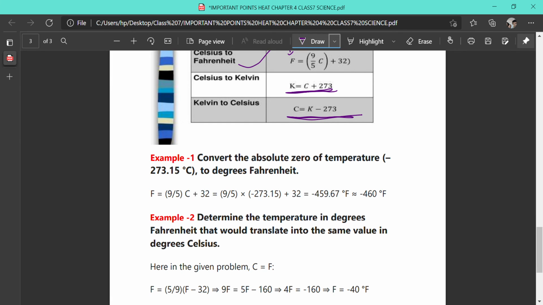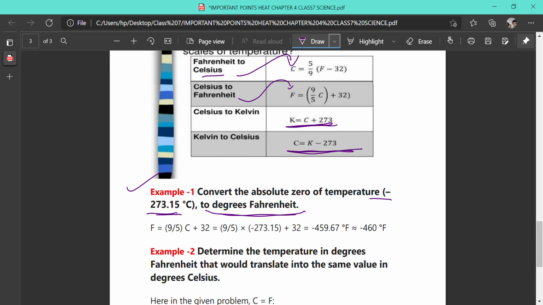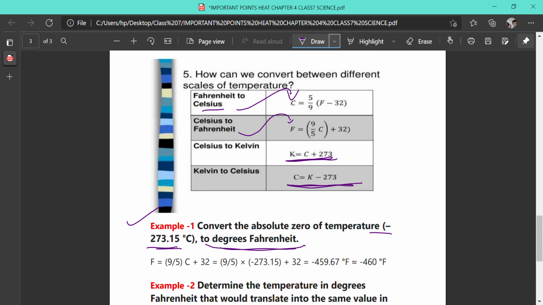First one: convert the absolute zero of temperature, which is minus 273.15 degree Celsius, to Fahrenheit. Which formula should we take? We should take the second formula, because we have to change to Fahrenheit.